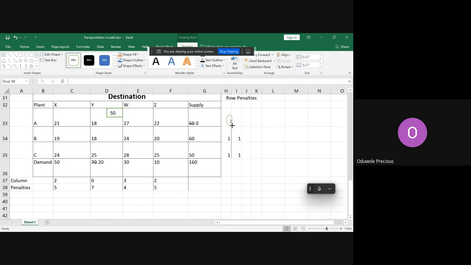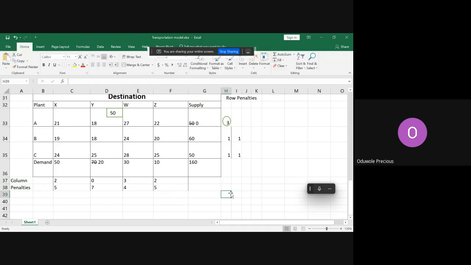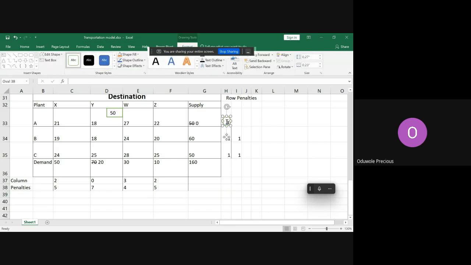Why is this circle so problematic? Okay, I think this is okay. Circle is giving me problems, so let me just copy and paste.